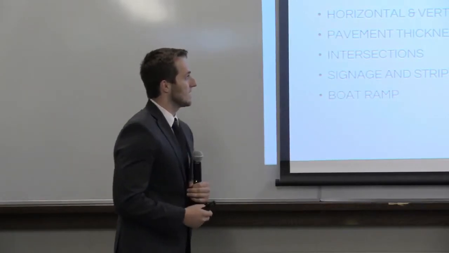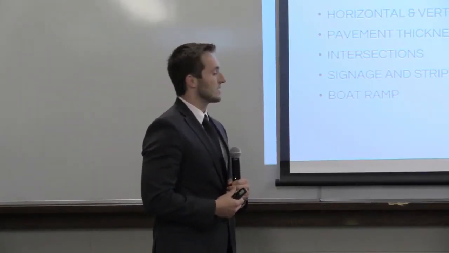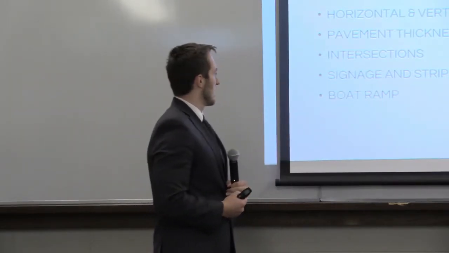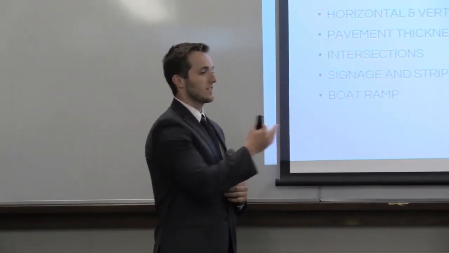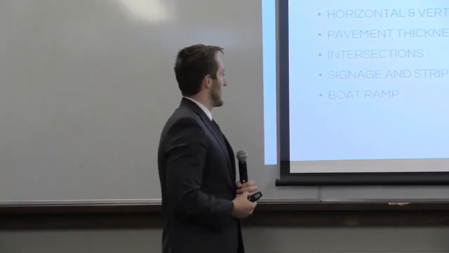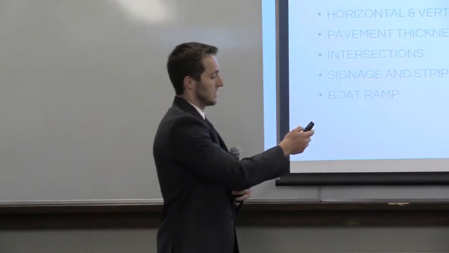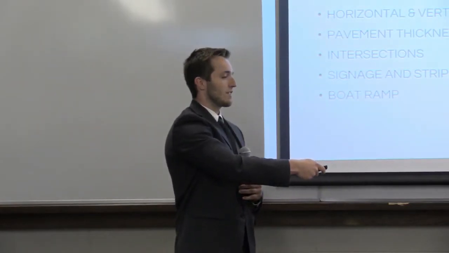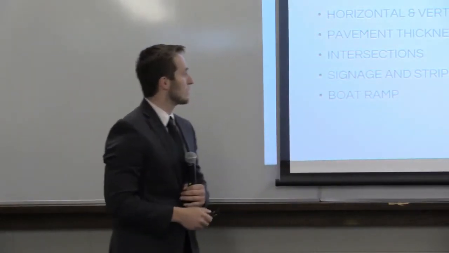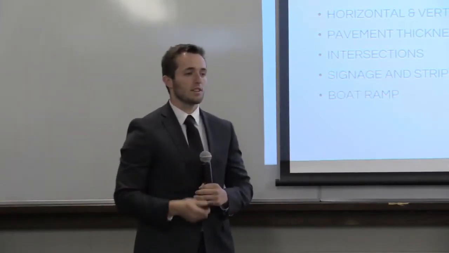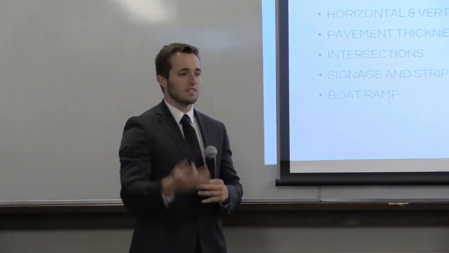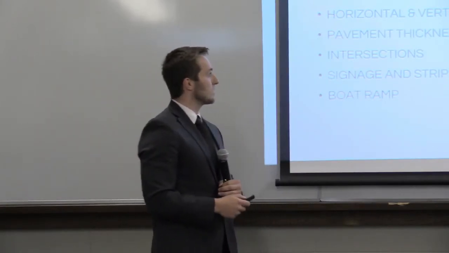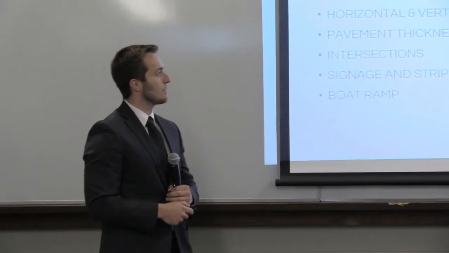After using that design vehicle, my designs came out to be this list right here: horizontal and vertical curves for the road, the pavement thickness for both the parking lot and the roads, intersection design at the northern intersection right here as well as at the existing roundabout right there. There was a signage and striping report for both the parking lot as well as the intersections and roadway, just the type of painting and signs that would be installed during construction, as well as the boat ramp right here at the northern part of the parking lot.